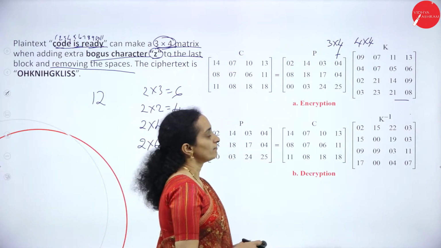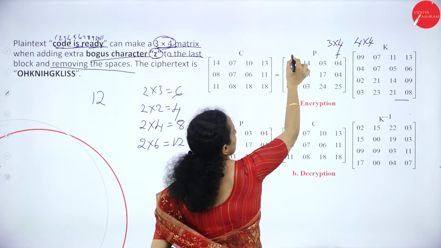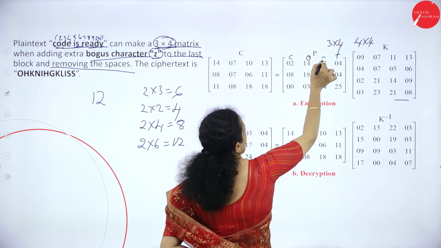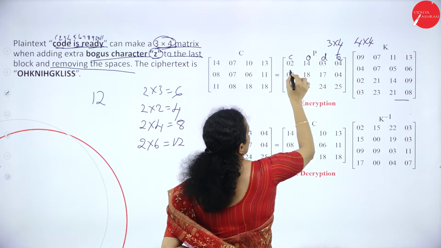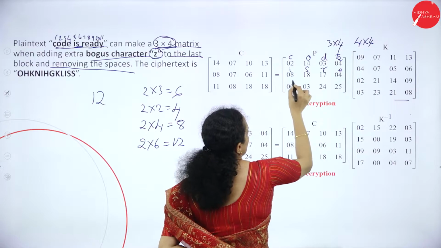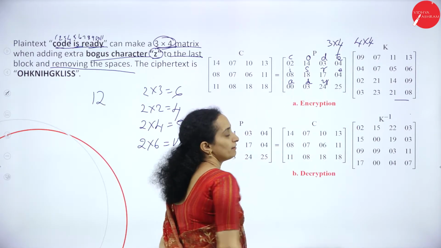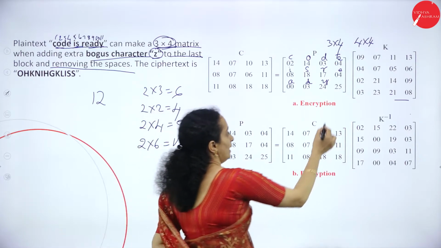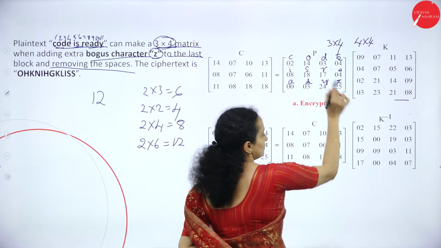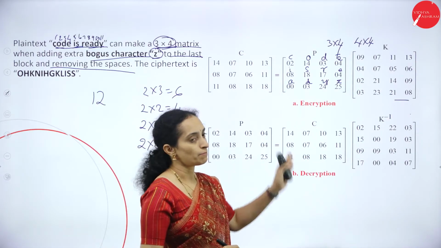Alright, here we are taking the plain text as a matrix of 3 cross 4 with C, O, D, E, I, S, R, E, A, D, Y. We have the text and the extra bogus character Z, which will form a matrix.